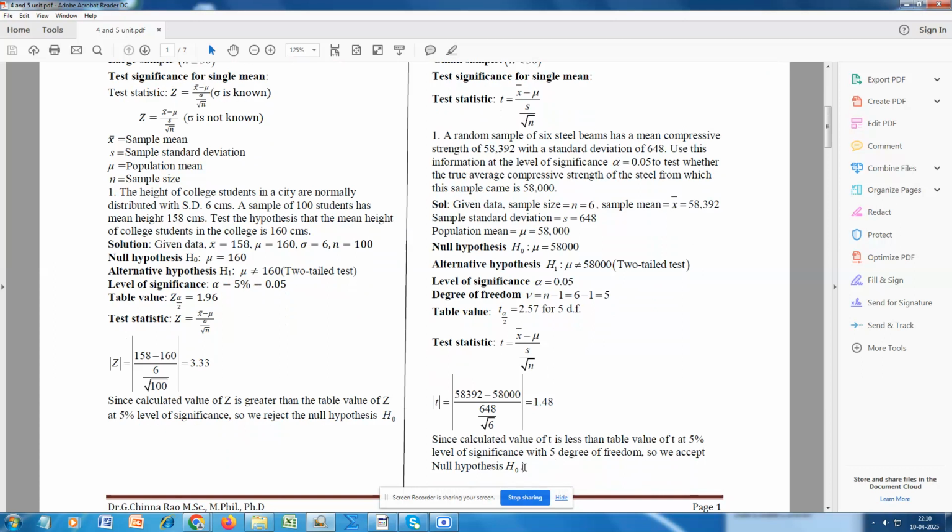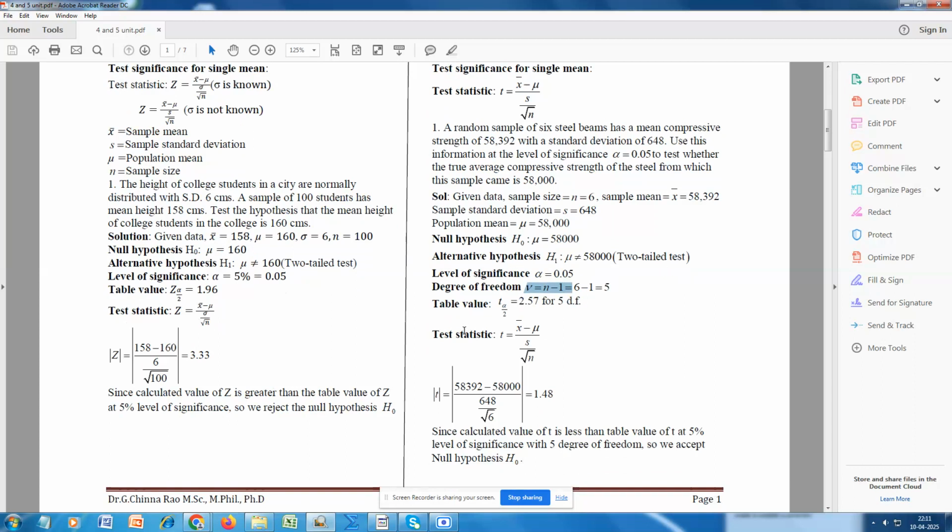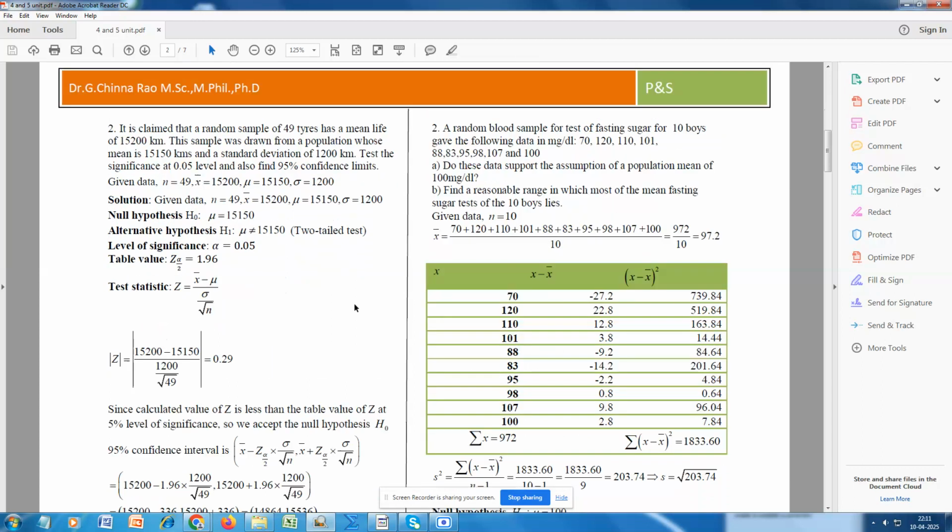When the calculated value is greater than the table value, we reject the null hypothesis H naught. Both procedures are the same; in a small sample, the additional part is degrees of freedom. Again, we will discuss another problem.